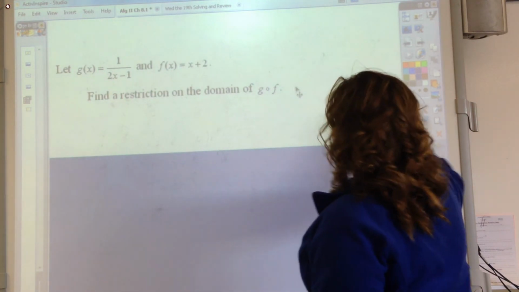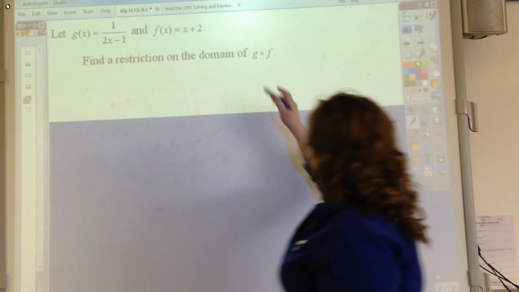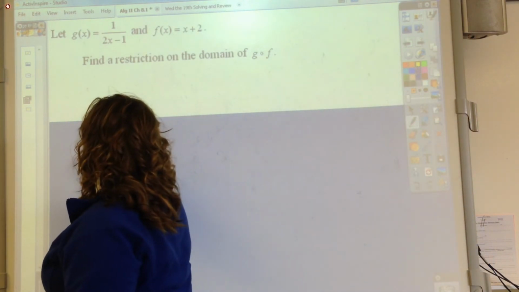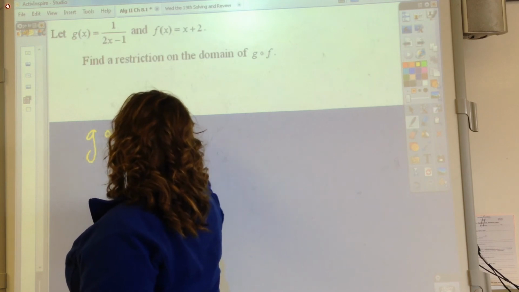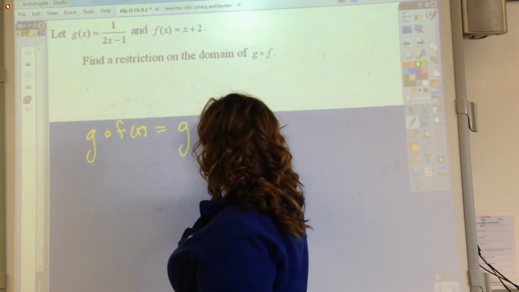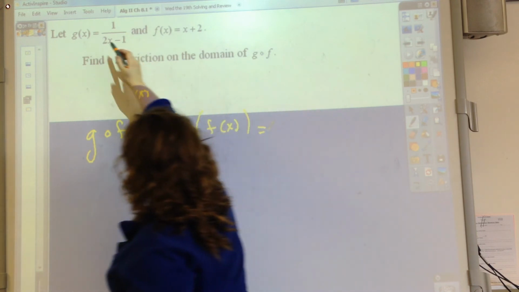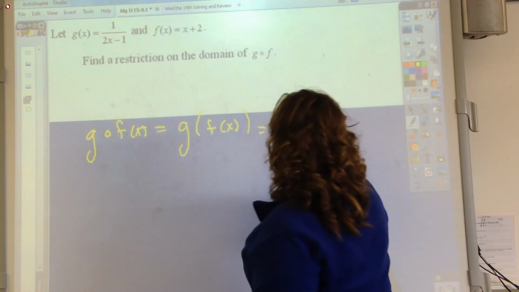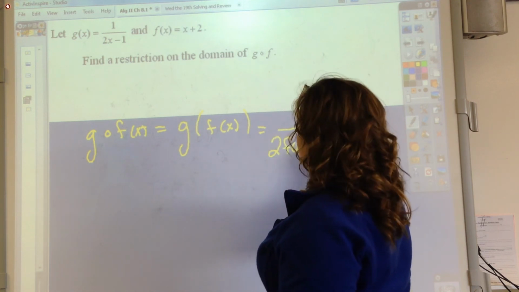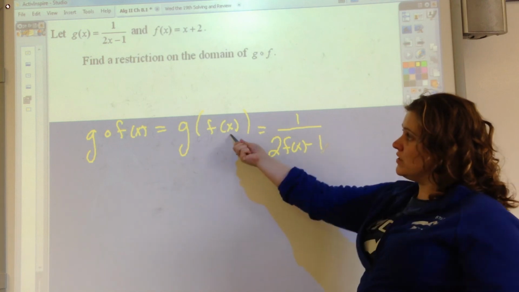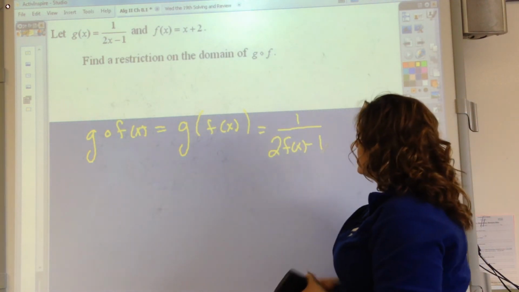These are my functions, f and g. Now let's find g of f. If I find g of f of x, that means I'm putting f inside of g. And so everywhere I have an x in g of x, I am going to replace it with f of x. So all I've done in this first step is take out the x and replace it with f of x.